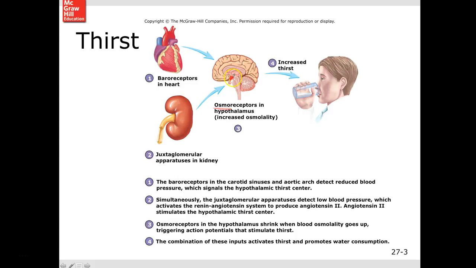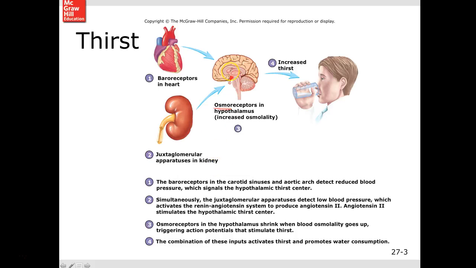We're not only getting input from our baroreceptors, and we already talked about this in the cardiovascular system, you're going to find them within the carotid sinus and aortic sinuses, right, within the aortic arch and the carotid artery. We're also going to get triggers from our juxtaglomerular apparatus in the kidney.